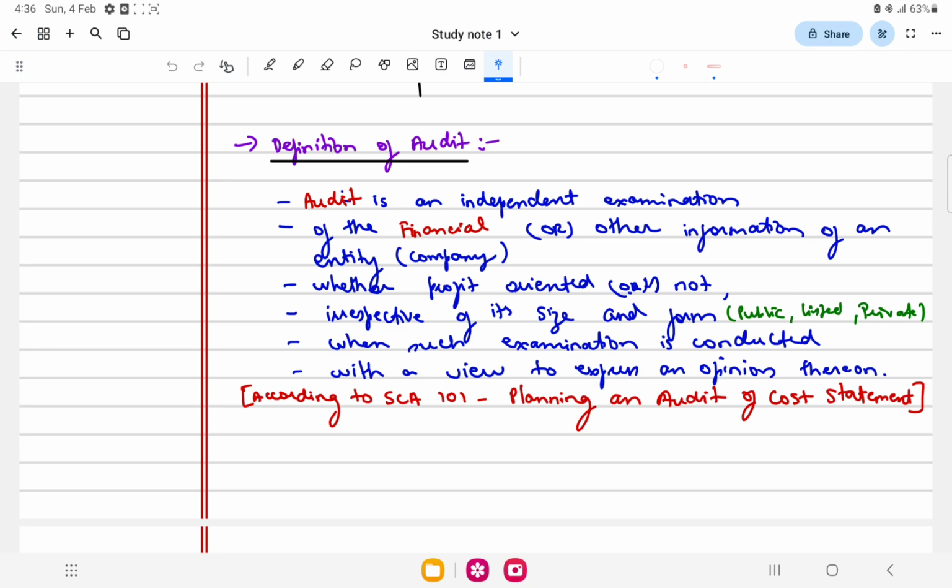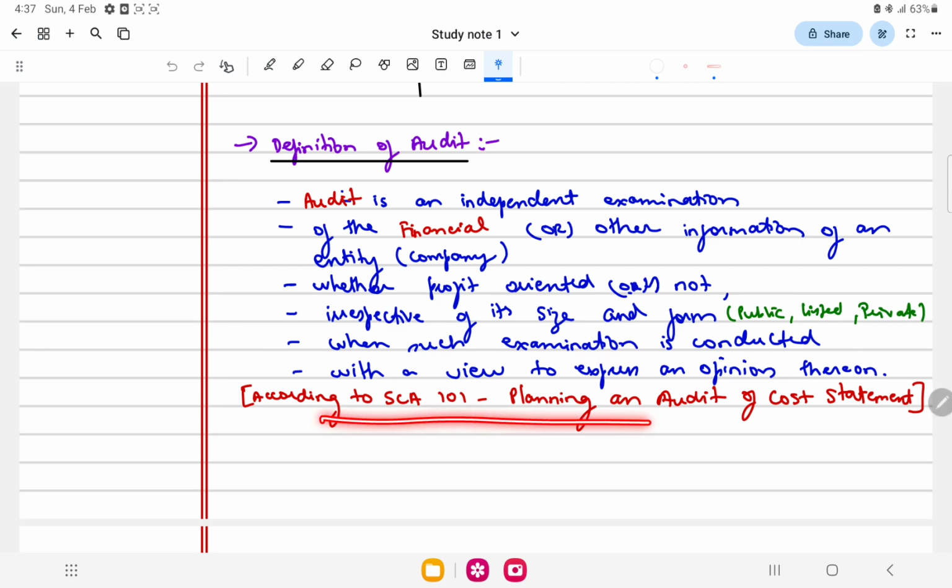So audit is an independent examination of a company. When such examination is conducted, it is with a view to express an opinion thereon. Thereon means on the financial information or other information of an entity. Audit is done to give an opinion on the financial or other information.